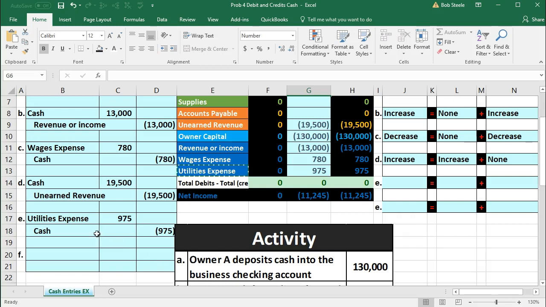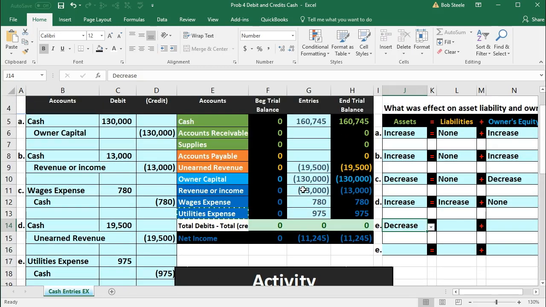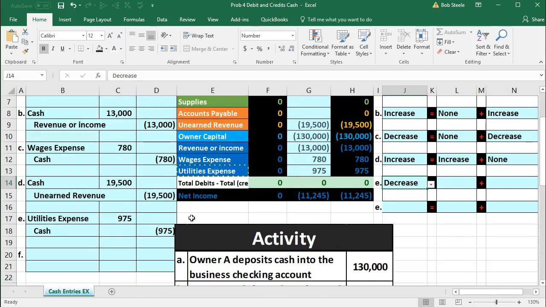Then we're going to take a look and see what happens to the accounting equation. We know that the cash is going down, therefore the assets are going down. So I'm going to say decrease in the asset. We know that nothing's happening to the liabilities, neither of these accounts being a liability account, therefore liability, none.